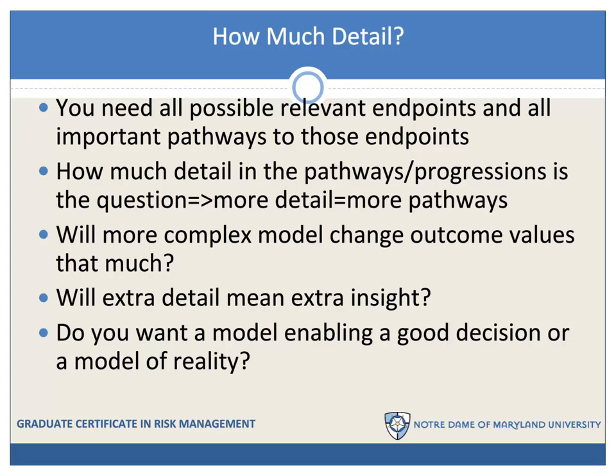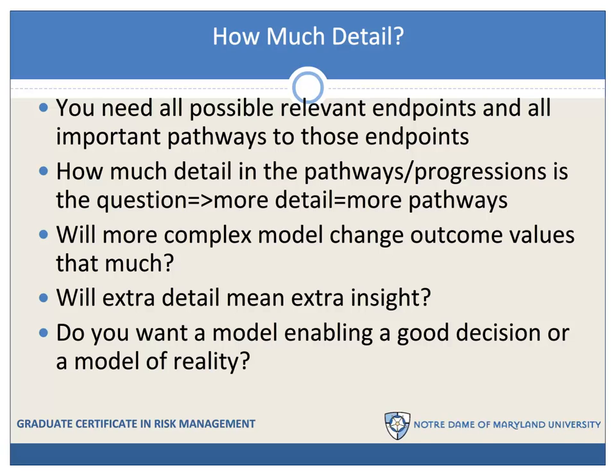In the model building video, we talked a little bit about detail. How much detail do you put into your model? Well, you need all the possible relevant endpoints and all the important pathways to those endpoints. But how much detail in the pathways or progressions through your model is really the question that we're after.